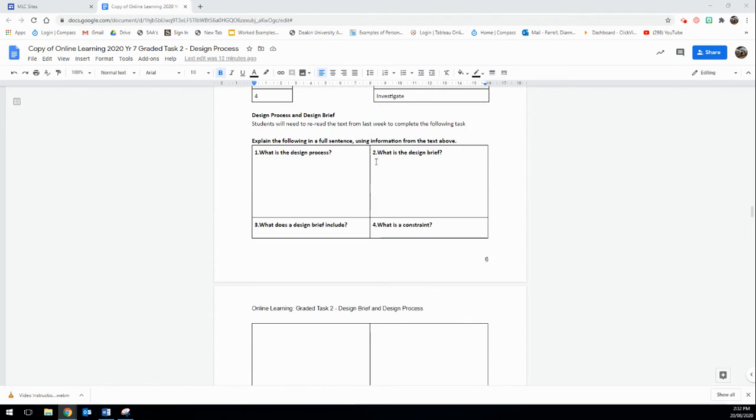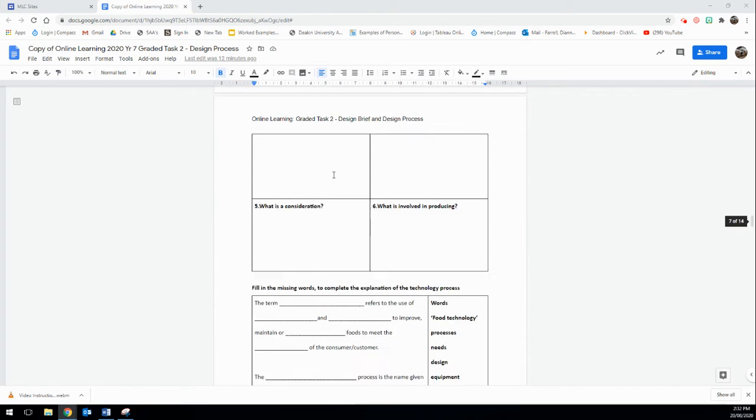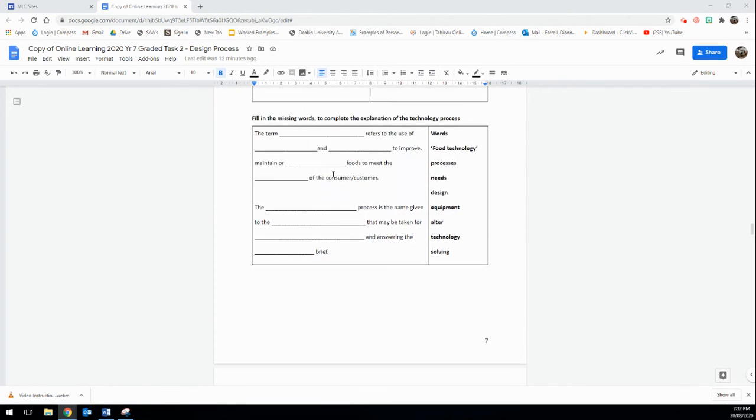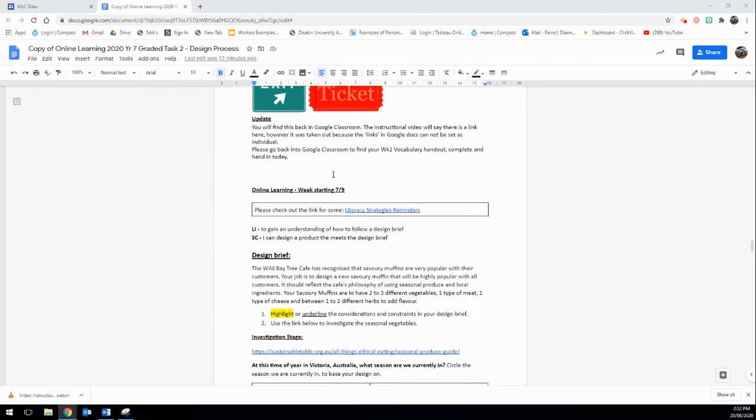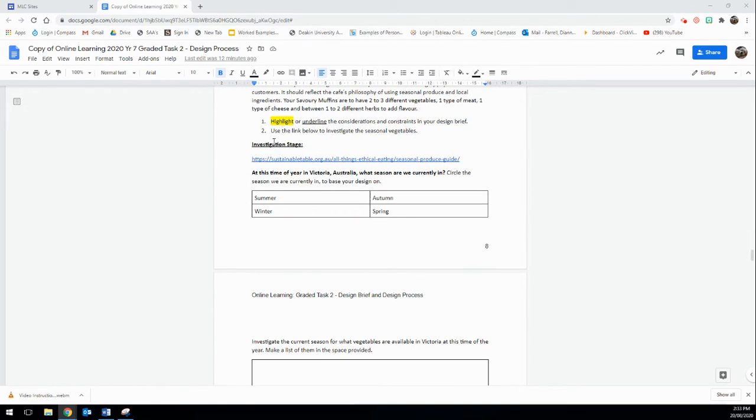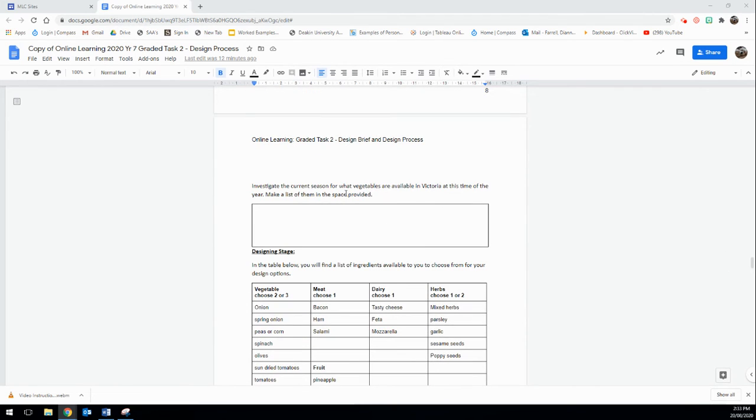So you would have a look at the investigation stage. So what did you do here? What evidence can you provide in your writing to support your statements about investigation of your savoury muffin? Okay, so that's what you're going to come back to this space here.